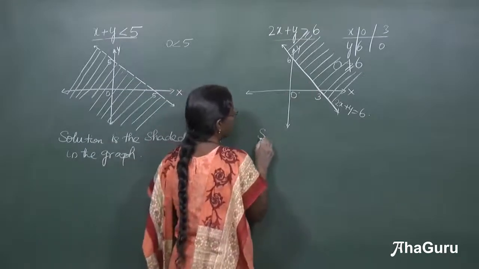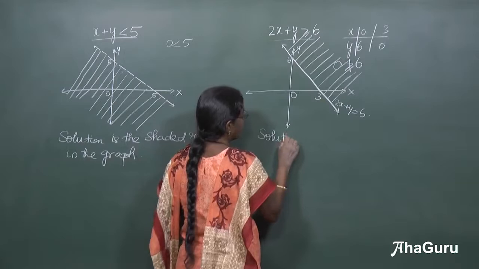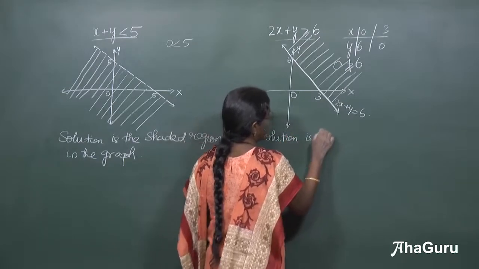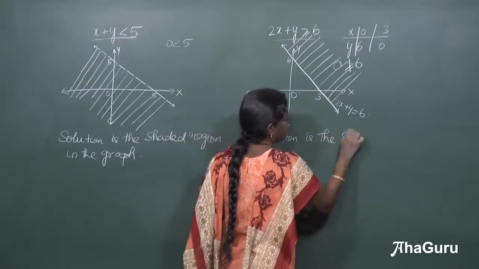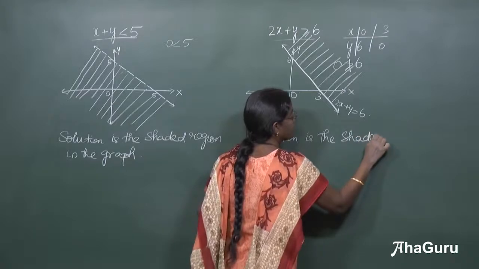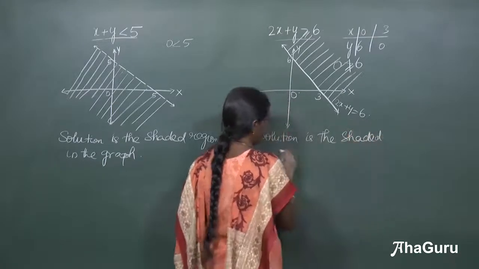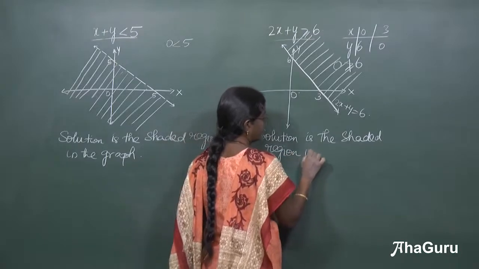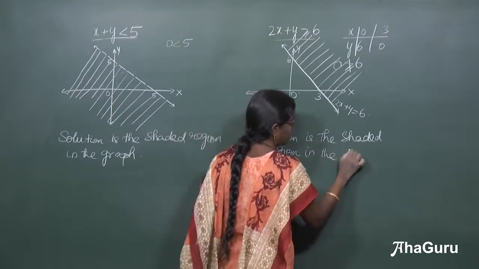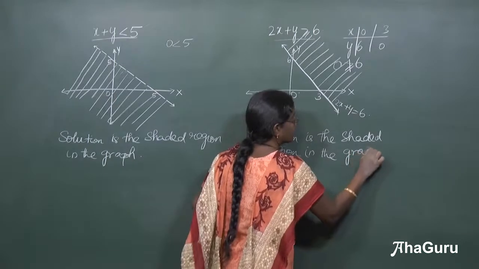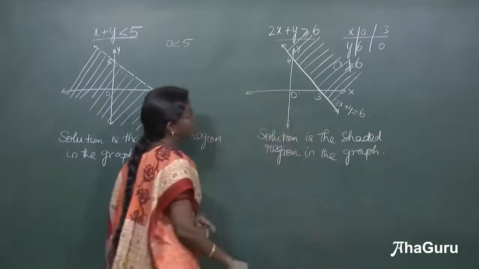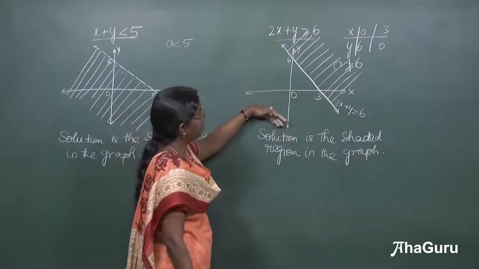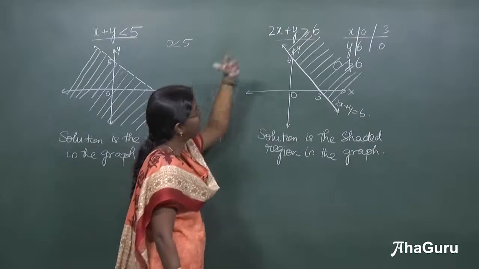So you will write the solution is the shaded region. It will be the shaded region in the graph. Don't shade this side of the origin, it does not satisfy, it will be the other side.